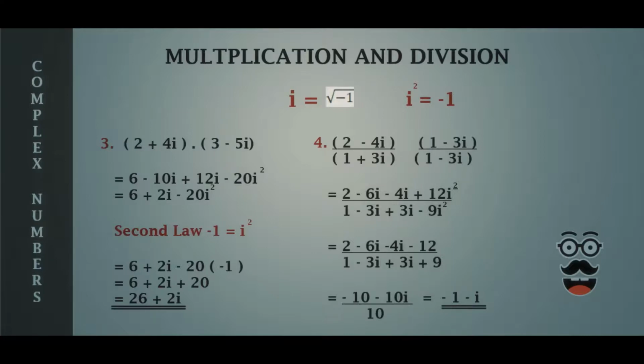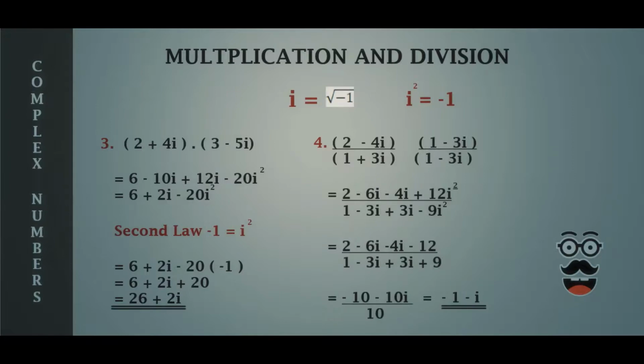Then we multiply 2 by 3 and 2 by minus 5i, and then multiply 4i by 3 and 4i by minus 5i. Then we can write 6 minus 10i plus 12i minus 20i squared.